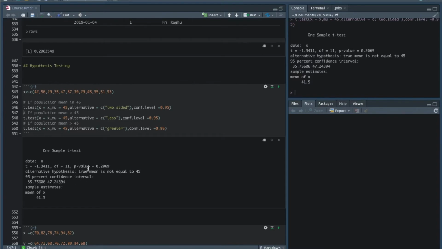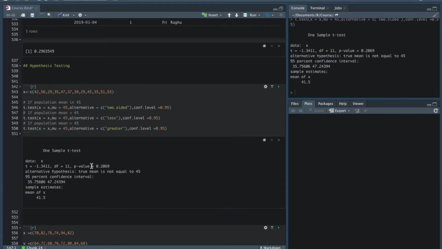Another way to check this is checking the p-value. As long as the p-value is not less than or equal to 0.05, you will not reject the null hypothesis.